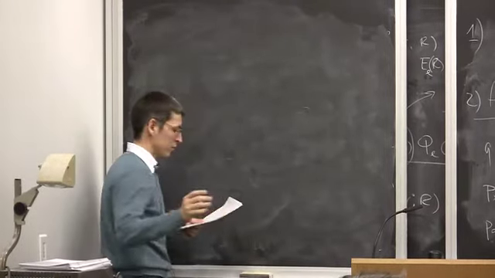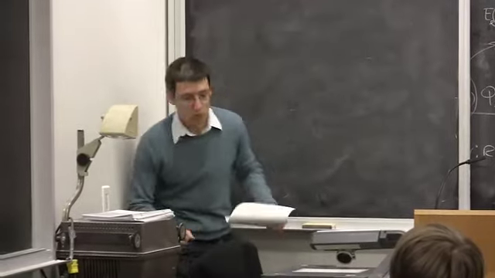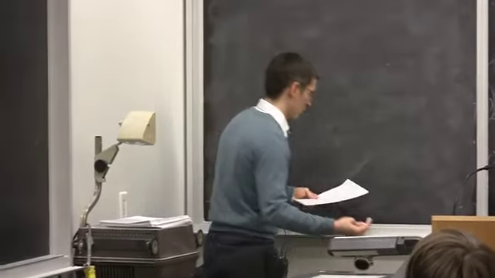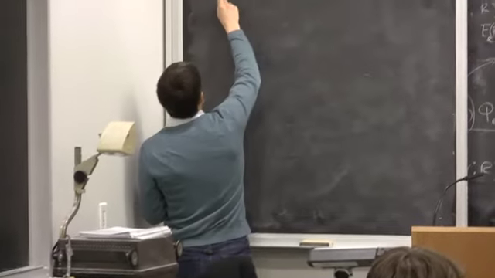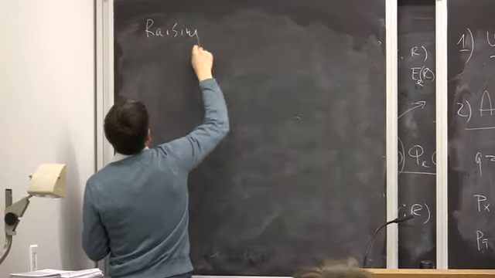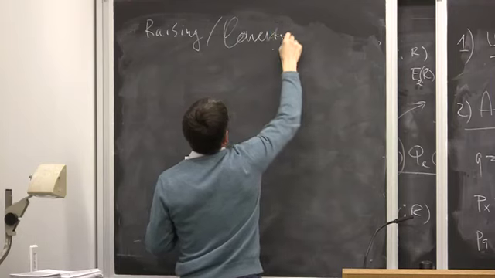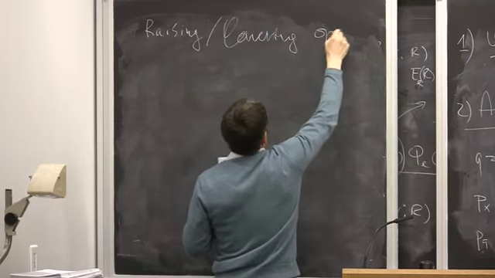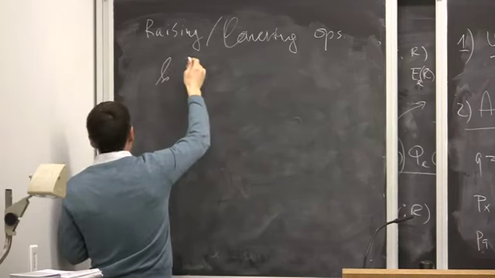Okay, first I will introduce these new operators, and then I will explain to you why we call them raising and lowering operators. So have a little bit of patience. So-called raising, lowering operators. We'll call them B's.